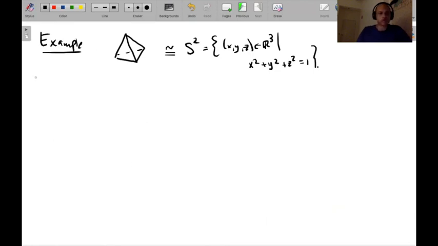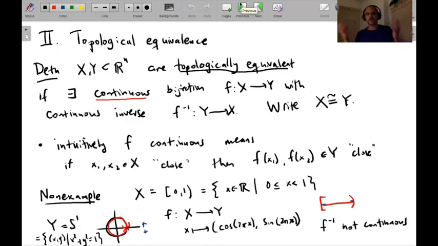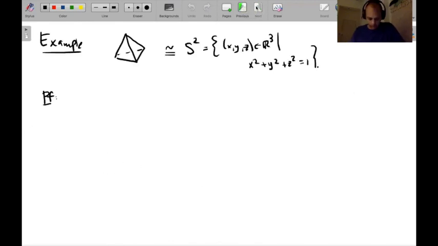So if you're claiming that two spaces are topologically equivalent, then to prove that, you have to come up with a continuous bijection from one to the other with a continuous inverse. I'm not going to do this rigorously now, but one way to do it is by radial projection. This is a useful map to know about.